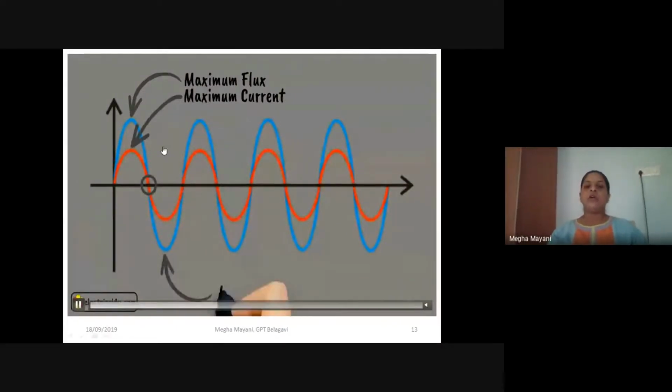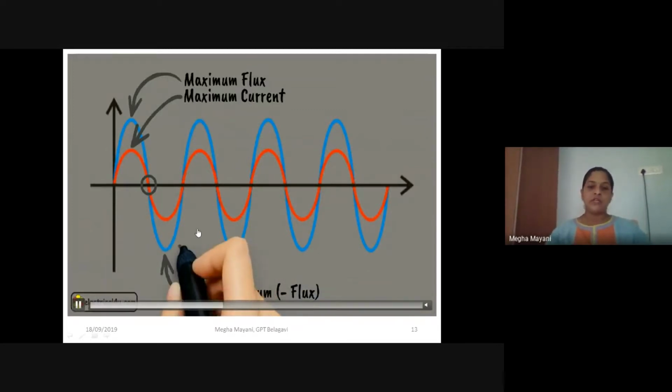When the flux becomes exactly equal to 0, then the current flowing is also 0. After that, you have a flux in the opposite direction. It reaches a peak in the opposite direction also, which results in the negative direction for the current.